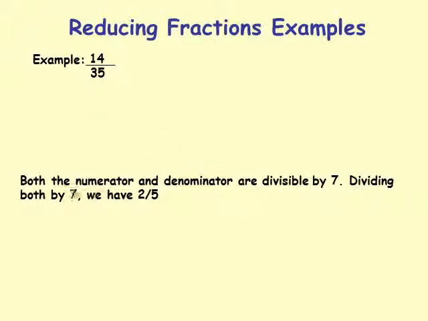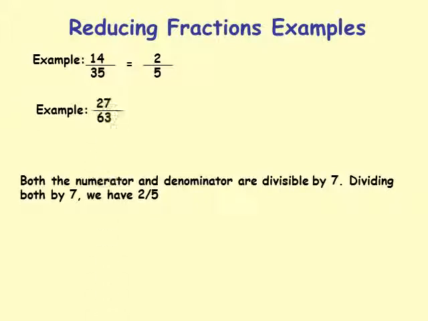Dividing both by 7, we have 2 divided by 5. If we divide 14 by 7, I have 2. If I divide 35 by 7, I get 5. So 14 divided by 35 is 2 divided by 5. This is the reduced form. 2 and 5 have no common factor. They are relatively co-prime.